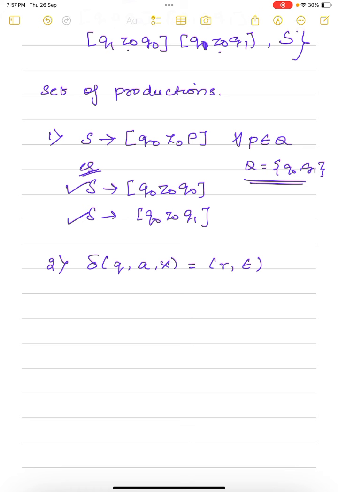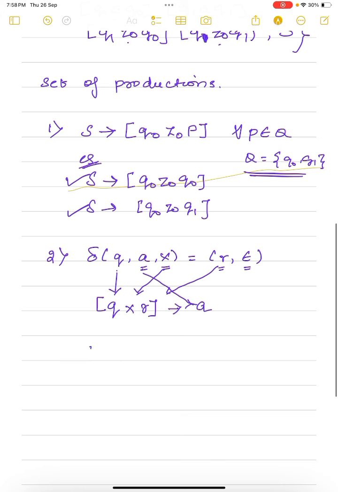If you have A as the input symbol and X as the stack symbol, and you move to another state R with a pop operation, then the corresponding grammar will have a production with Q, X, R on the left hand side, which is a non-terminal, going to A. This is how you write the production.